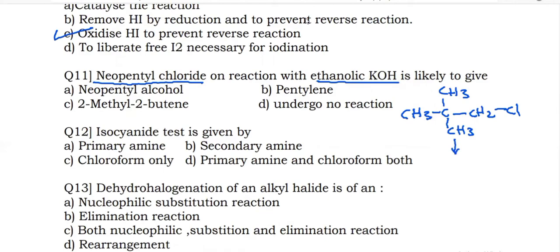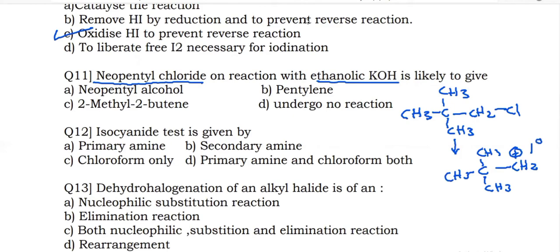So here you will get this carbonium ion, CH3, CH3, CH3, CH2 carbonium. Now this is a primary carbonium ion, which is unstable.